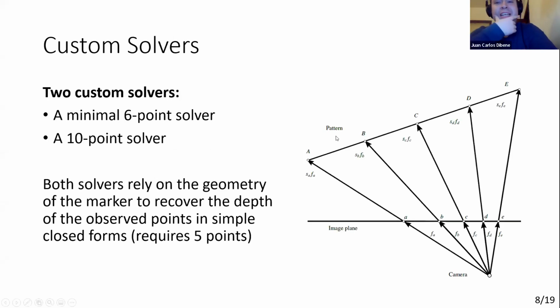For this, we explore two geometric solvers, a minimal 6-point solver from 6 observations and a 10-point solver from 10 observations. One nice property of the marker we designed is that it is possible to recover the depth of the observed points in very simple closed forms, which is basically the foundation of the speed of our method, as we will show later.